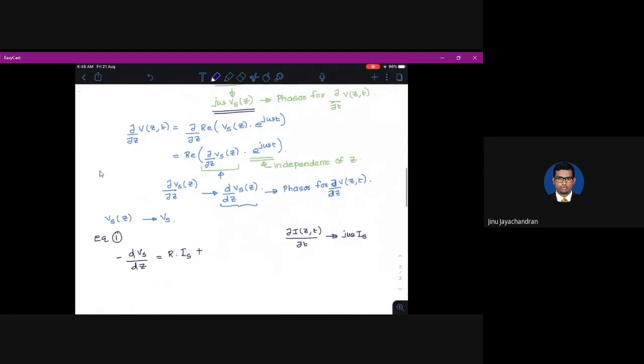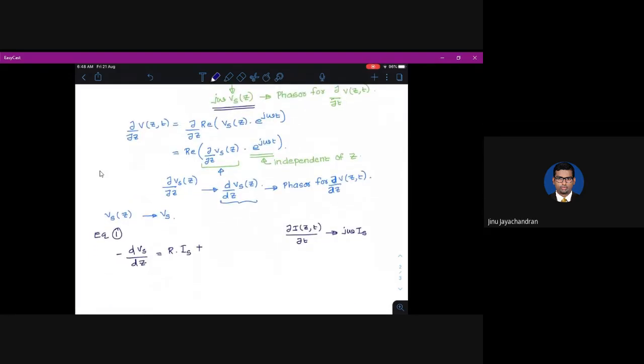In a similar way, ∂I of z comma t by ∂t is jω into Is. So this is R plus jωL into Is.